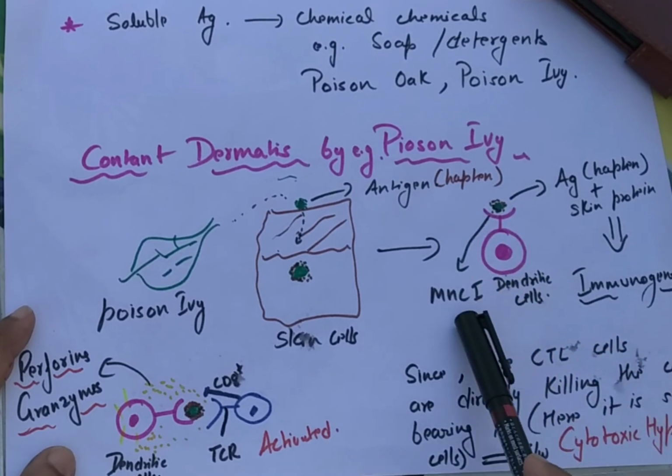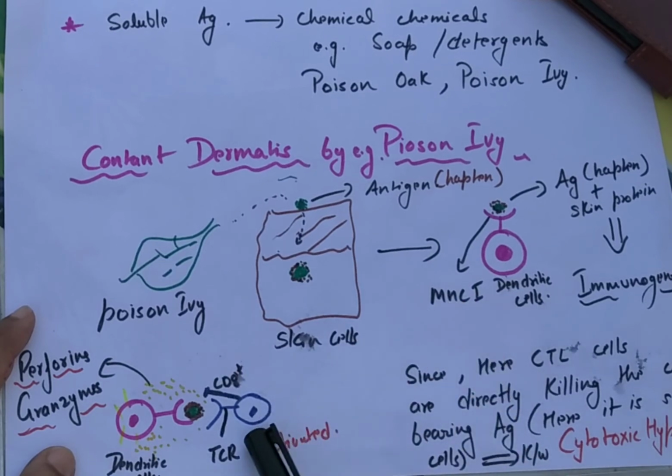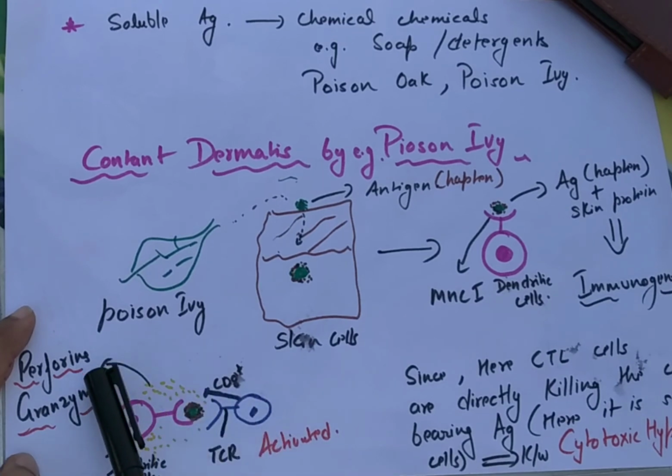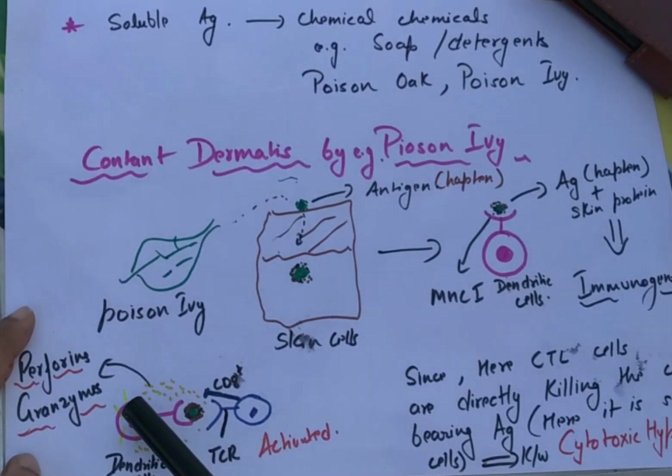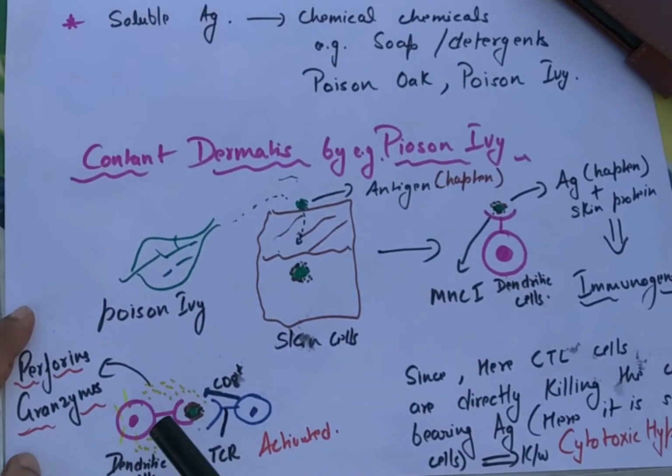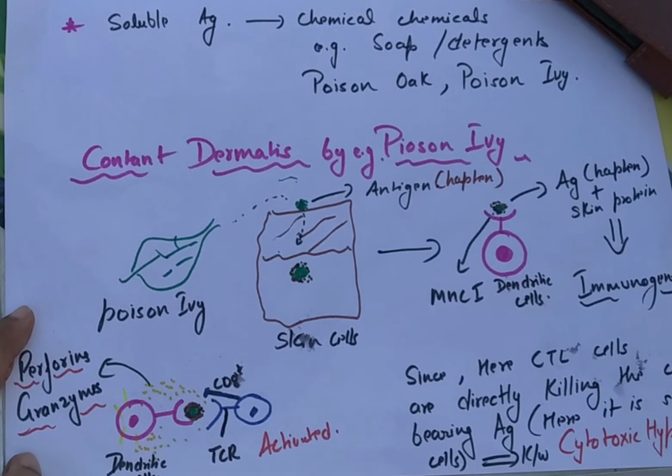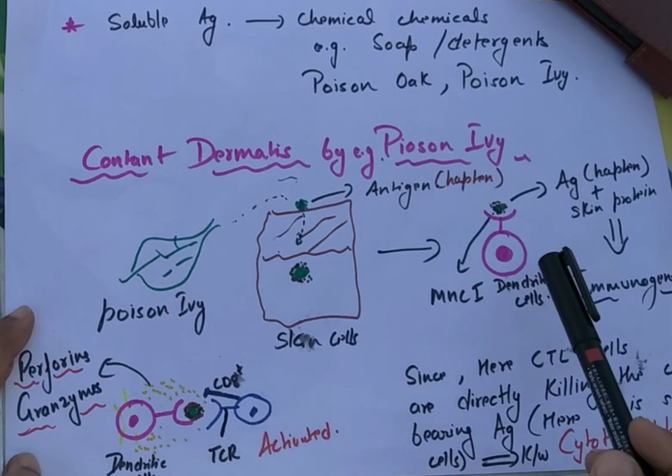Right? When MHC1 is involved, then TC comes. A cell which is CD8 positive comes and interacts with these dendritic cells. When they interact, they get activated and release perforins and granzymes. What do perforins do? Perforins will make pores on the cell which has this antigen.